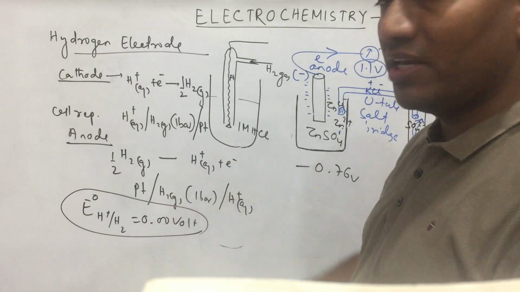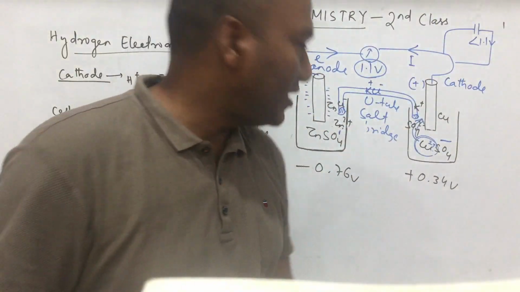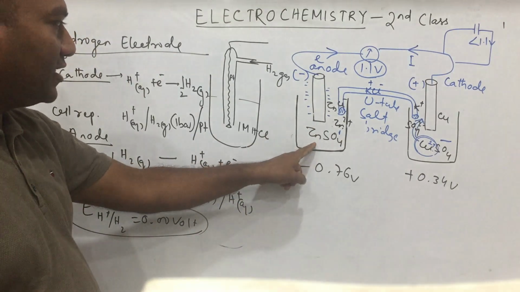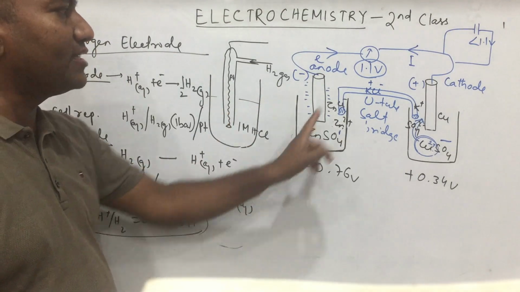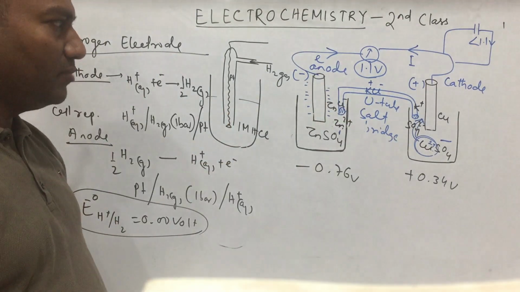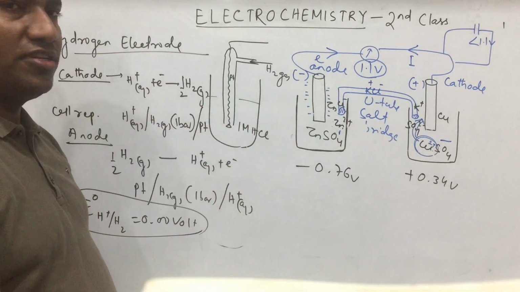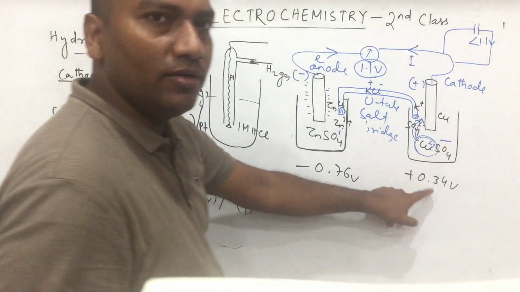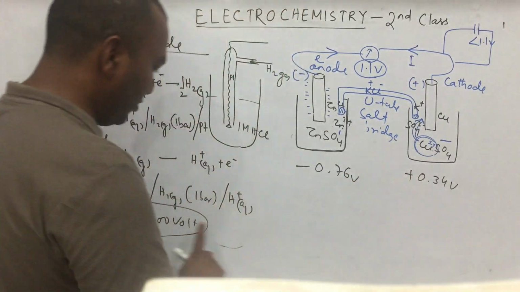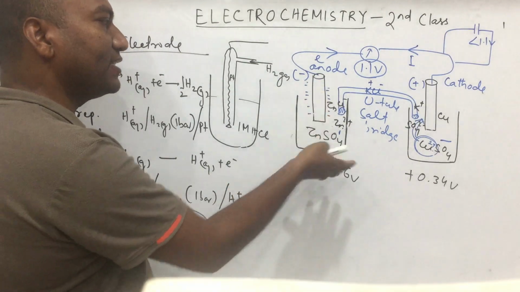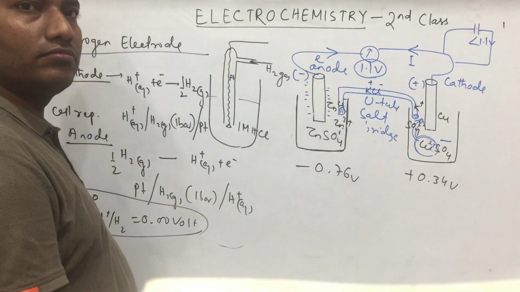Out of these two, which one is less? Zinc is less. So that's why, when zinc and zinc sulfate are present, hydrogen is used as cathode. Similarly, suppose zinc and zinc sulfate are not there, and copper and hydrogen are there. Copper's value is 0.34 plus and hydrogen is 0. Which value is less? Hydrogen is less. So in that case, hydrogen is used as anode.